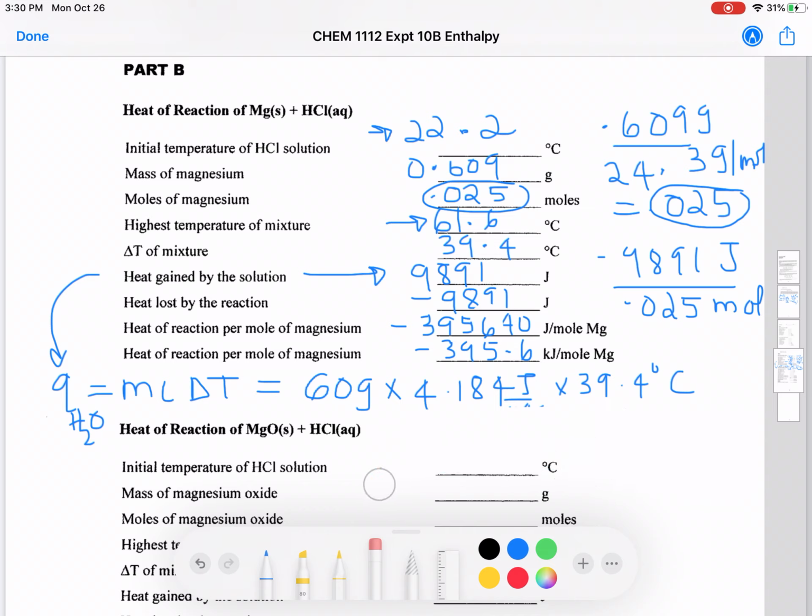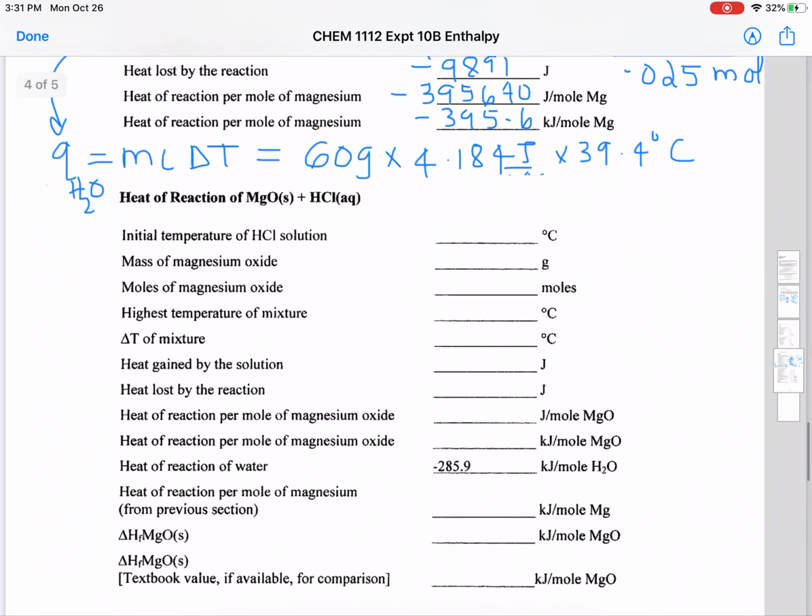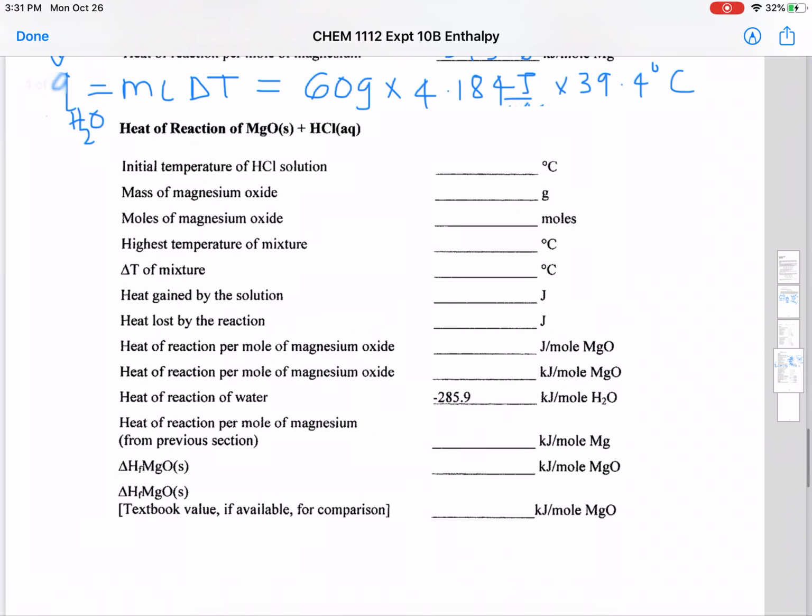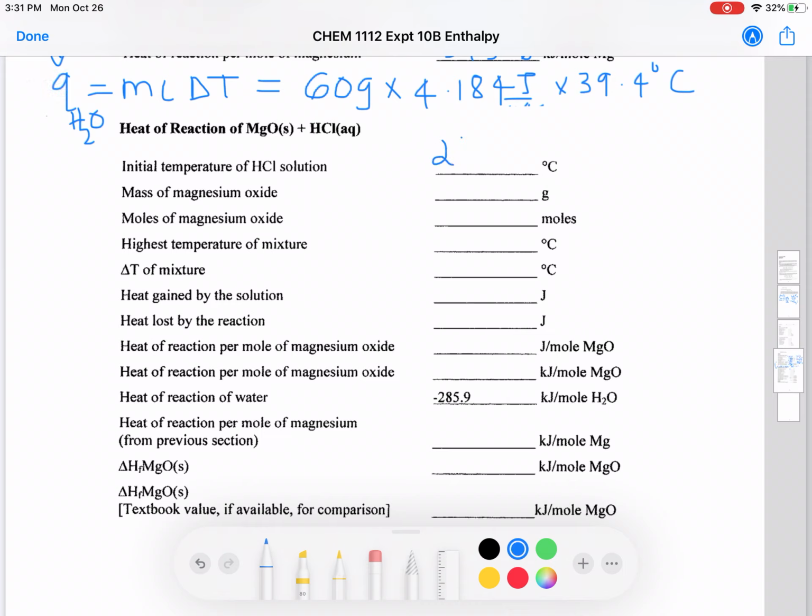Okay. So now the next part. Initial temperature of the HCl solution. Again for this one, 22.0. These are in your data sheet. And then the mass of the magnesium oxide, and you are supposed to take 1 gram, and the exact amount that is taken is 1.011 grams of magnesium oxide.